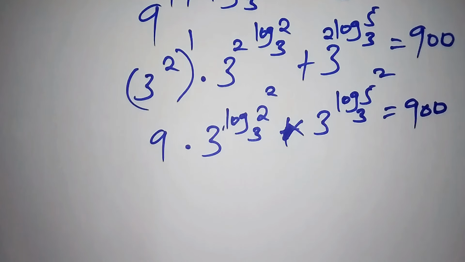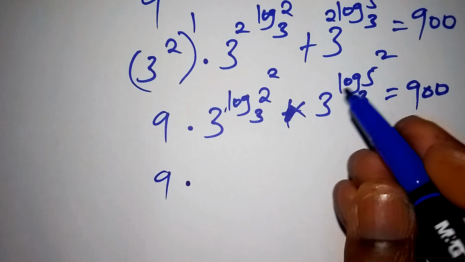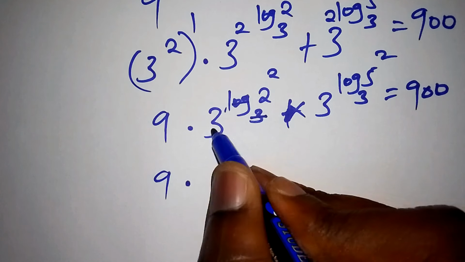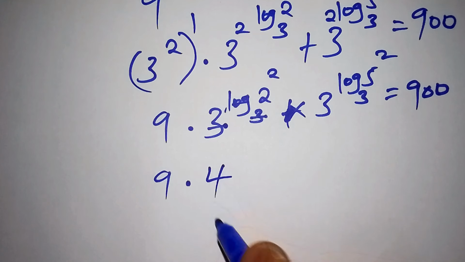So here we shall say 9 multiplied by, so the log to the base of 3 shall cancel this 3, so now we shall have 2 multiplied by 2, that is 4.